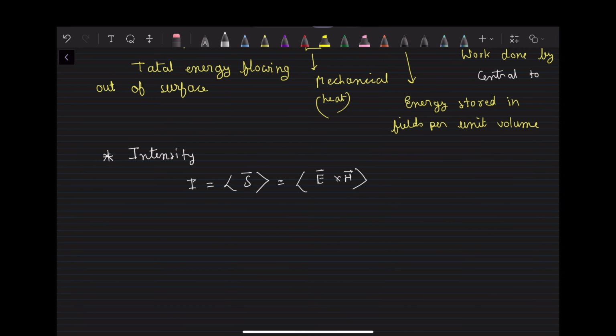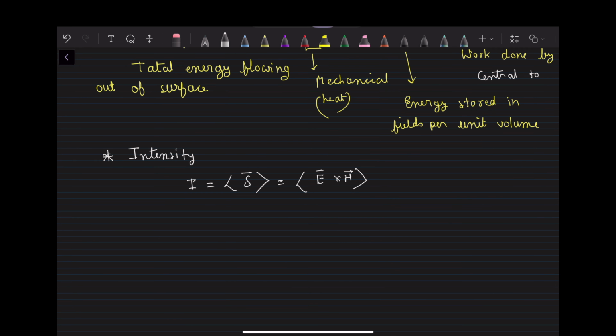Okay, let me write it. So how can we write a plane wave? So it's the amplitude, then we have a sinusoid, some phase phi, and some polarization.